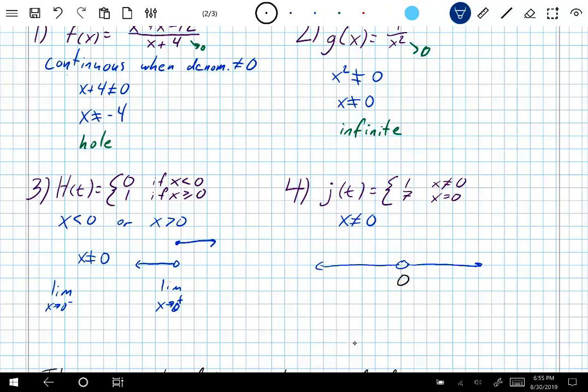That's what this says. But at 0, I get some crazy high value, which is a 7. Okay, so this is also going to be a hole. Maybe I should label this one also. This is a jump. Okay, so good to see these things in an algebraic fashion as well.